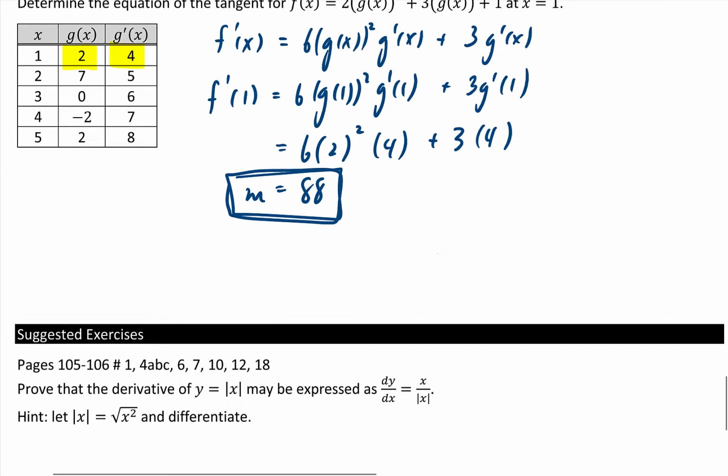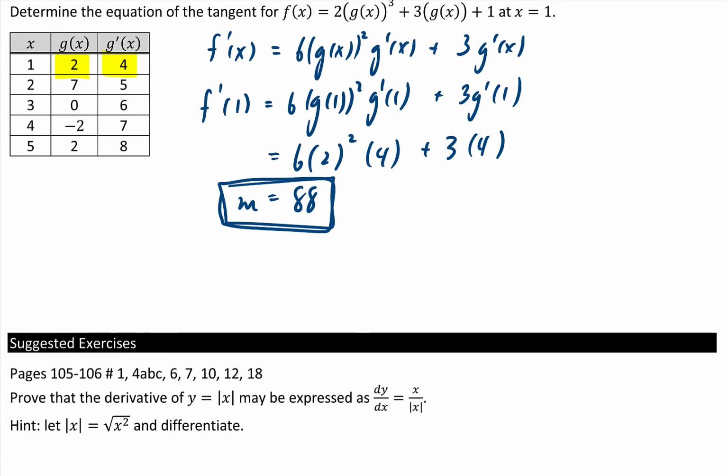Now we need the point of tangency, and we note that the x value is 1, and the y value we can determine by subbing in 1 for every x value in our original function. And again, g of 1 is equal to 2. And if you sub that in, you get a value of 23.